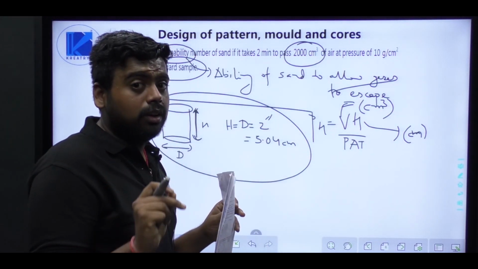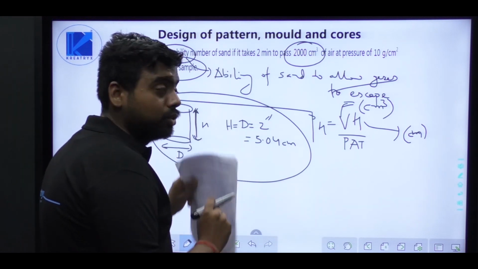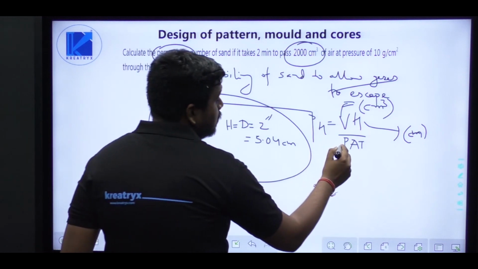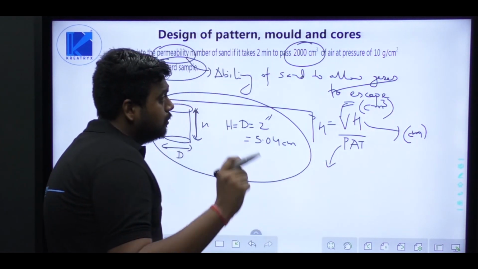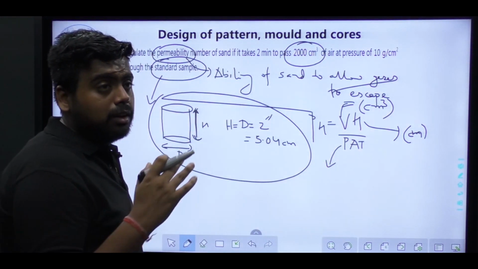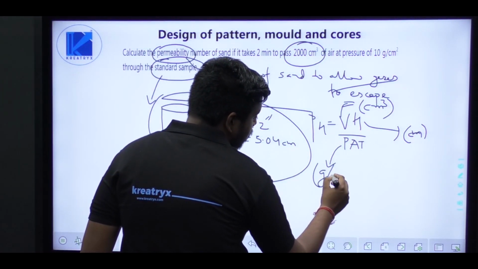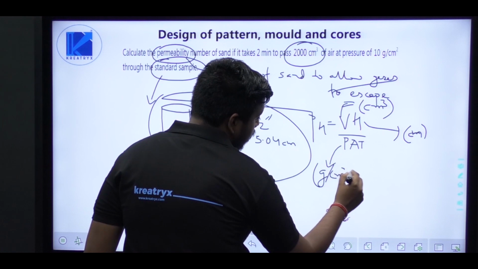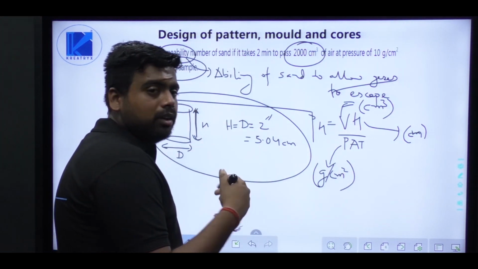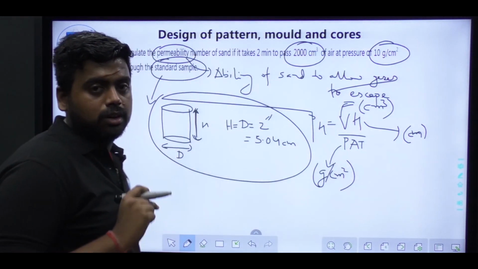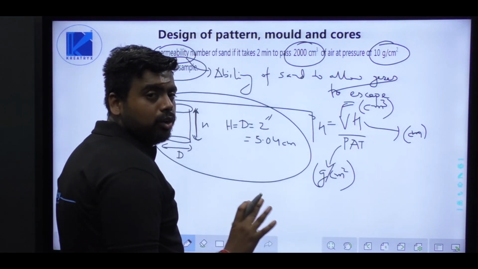Do take care about the units. It is very important in this question. Again, now P. P is the pressure at which that volume of air is passed, and the pressure should be in gram per centimeter square. In this question, again they have mentioned the data in gram per centimeter square, so you need not convert it.